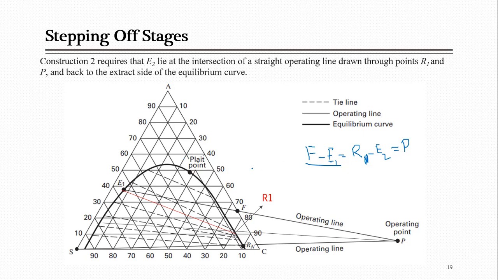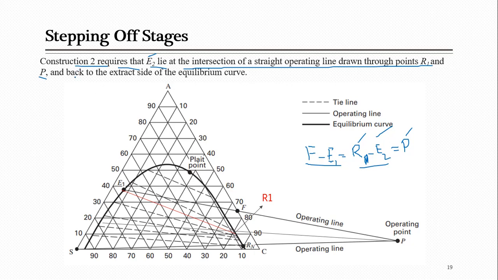The same can be used for the location of E2, because now you have R1 as well as P. Construction 2 was to draw the line through P. Construction 2 requires that E2 should lie at the intersection of the straight line drawn through points R1 and P. These are two points, and through two points we can draw a straight line.